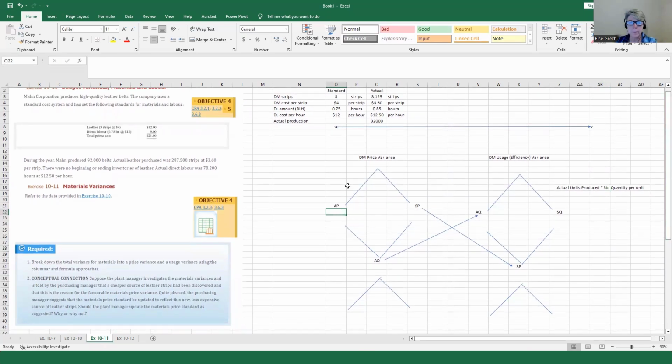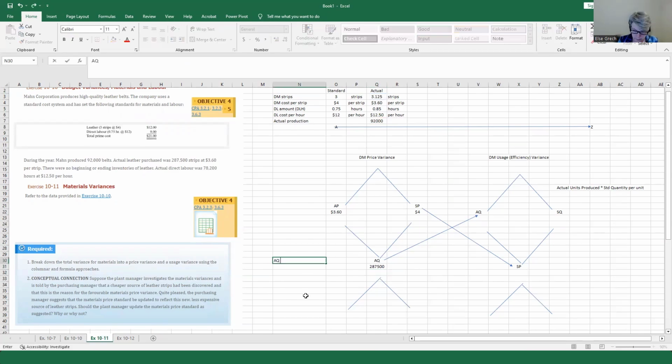Actual price for direct materials, right here. Standard price for direct materials, right here. Actual quantity. So what is the actual quantity that I ended up purchasing? I'm going to take that 3.125, and I'm going to multiply it by my actual output. So I'm going to put a little note here.